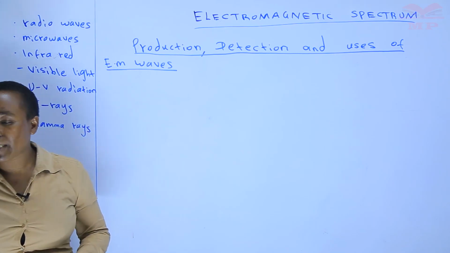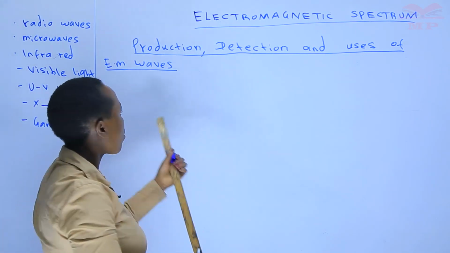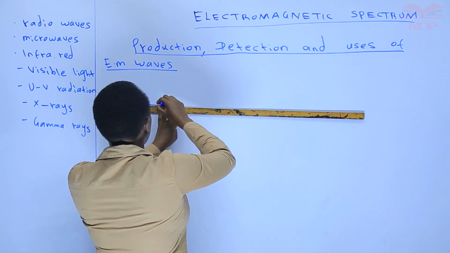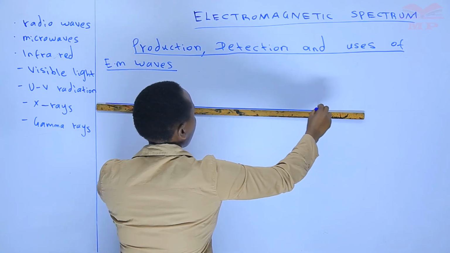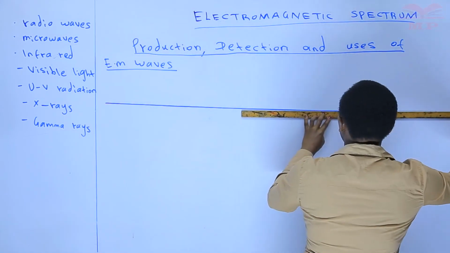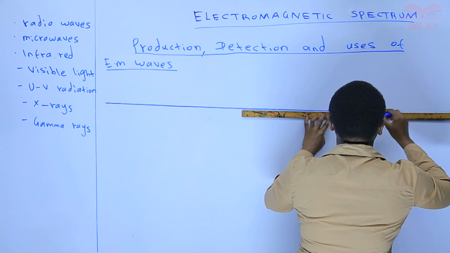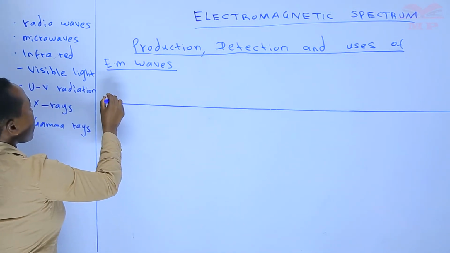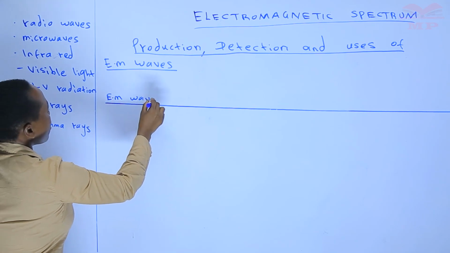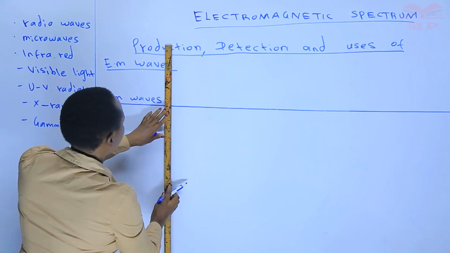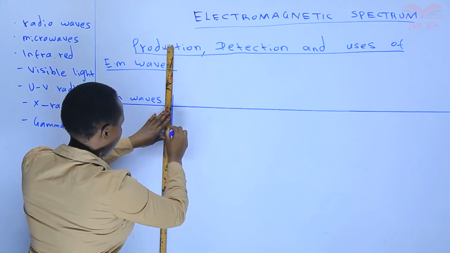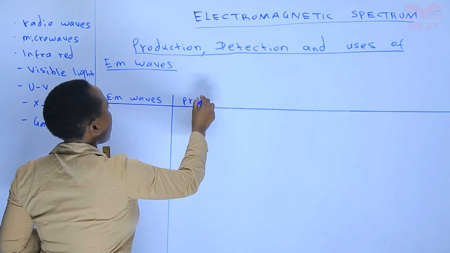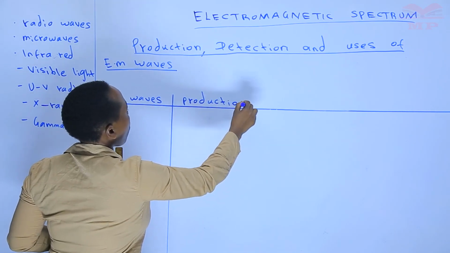So we are going to have a table whereby we'll list down all the electromagnetic waves, their uses, how they are detected, and how they are produced. So on one column, we have the EM waves. So we write the wave here. Then we have their production. How are they produced?